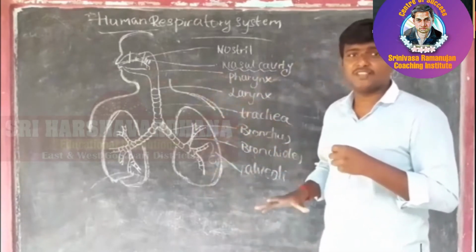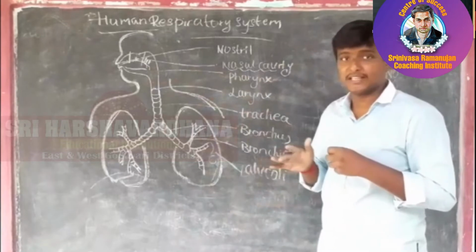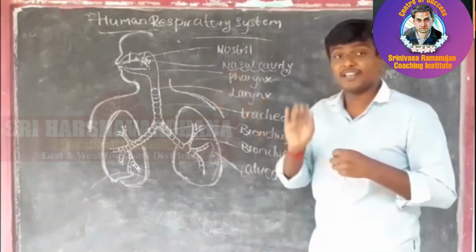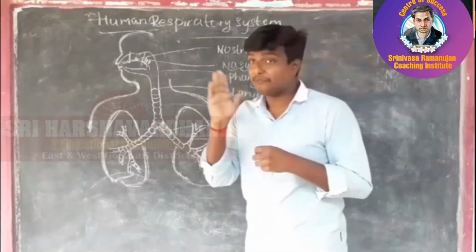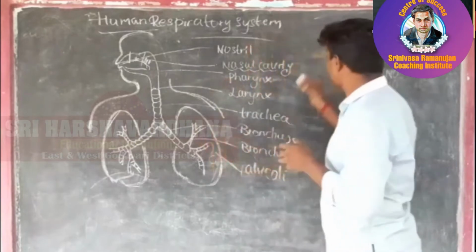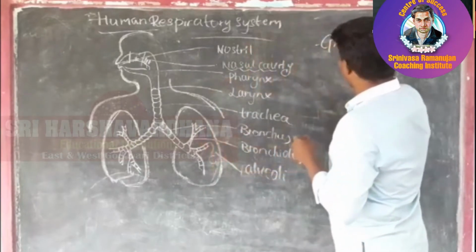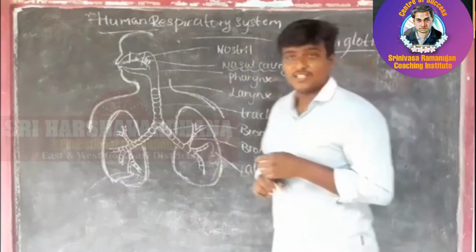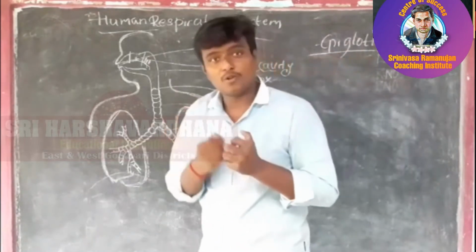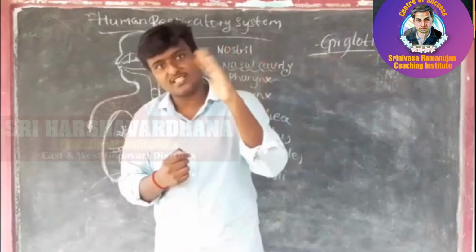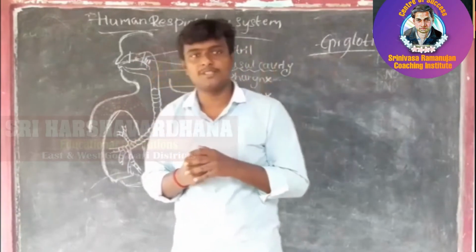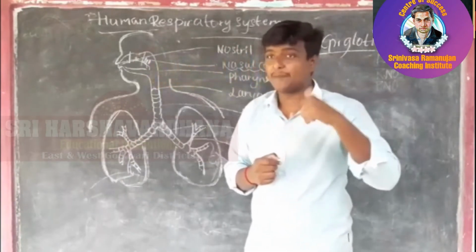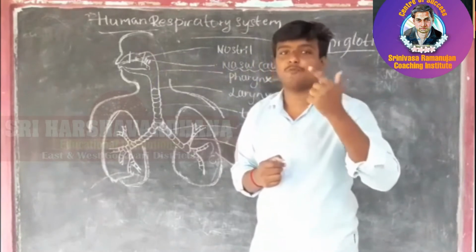The pharynx is not doing anything itself, but in the pharynx area we can see a flap-like structure, which we call the epiglottis. You already have an idea about the epiglottis. This flap-like structure performs like a traffic police.